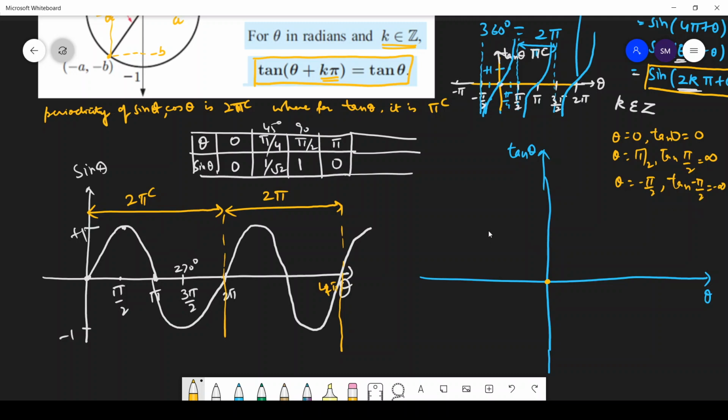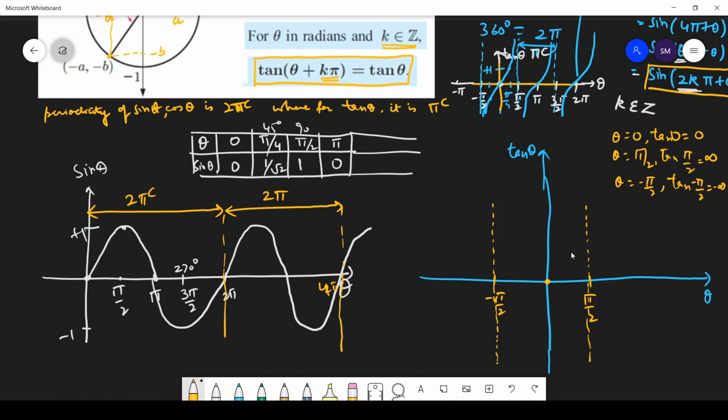Okay, so students, if you plot this graph, you will get pi by 2 here and minus pi by 2 here. We don't know the value at pi by 2, so how shall we draw this kind of graph?